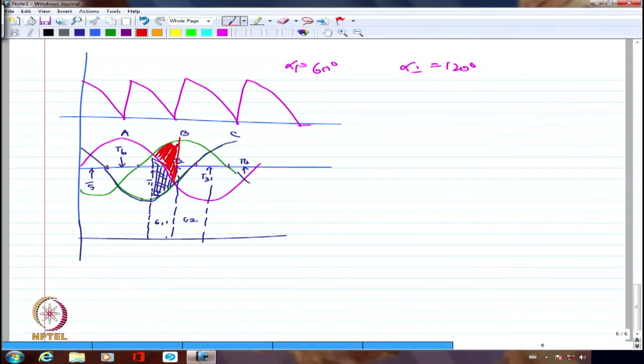This is VAB. Sorry. Am I right? This is VAB. What I have shaded originally was VAC. That's what I was wondering, how come I am getting positive voltage? So VAB is negative voltage. B is higher than A. Okay? So this is VAB. So VAB is negative voltage.